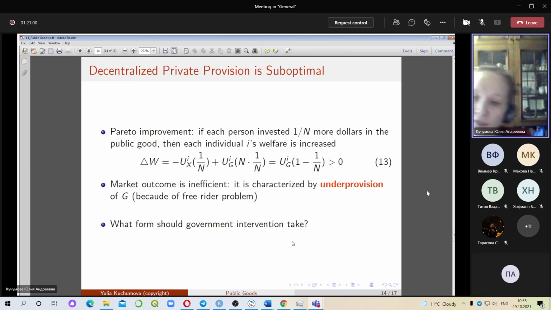So let me quickly sum up what we did. We derived the Samuelson rule for the optimal provision of the public good, and we also finished the derivation of the fact that market provision of the public good is suboptimal.